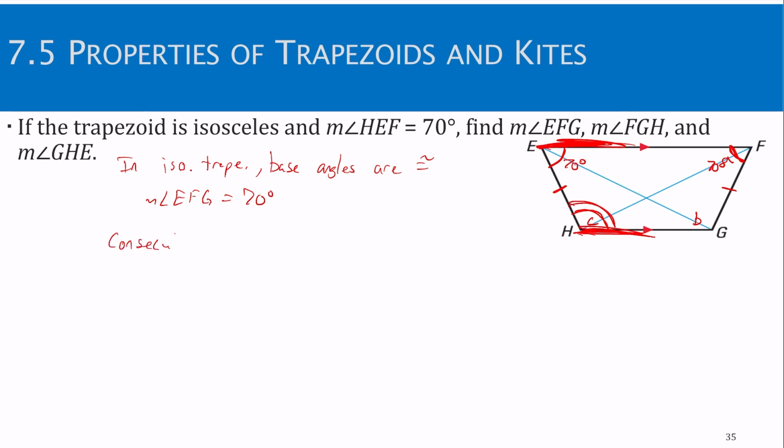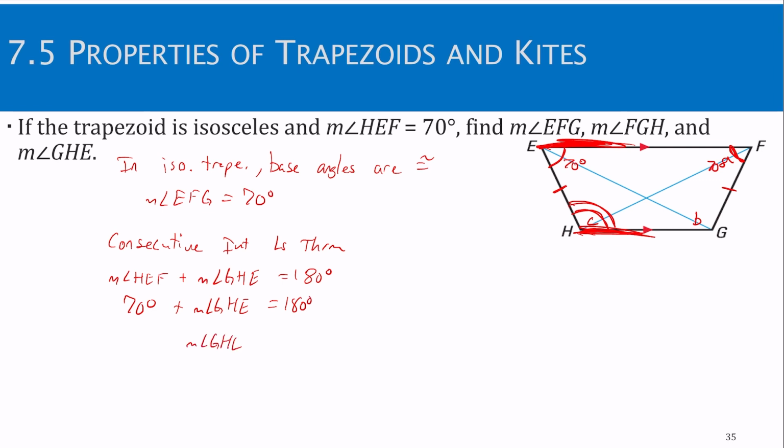According to the consecutive interior angles theorem, if we have parallel lines, the consecutive interior angles are supplementary. So they add up to make 180. So 70 plus measure of angle GHE have to equal 180. Therefore, measure of angle GHE is 110.